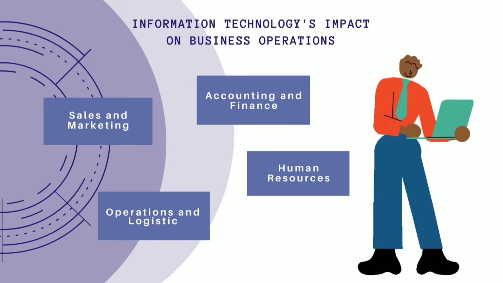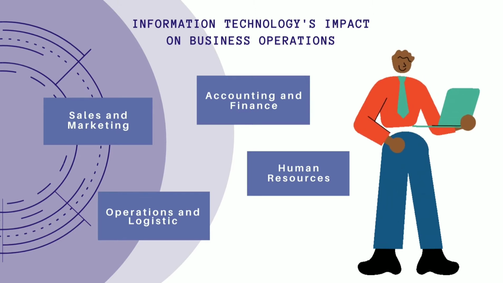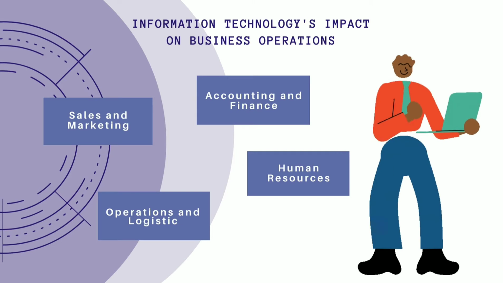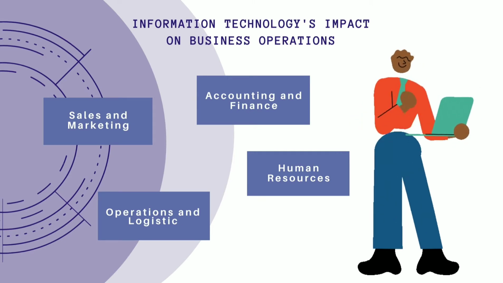Information technology impact on business operations. Here are 4 different departments in a typical business and how technology helps them to work together. These functional areas are anything but independent in a business. They need each other to acquire information from around the organization to operate.